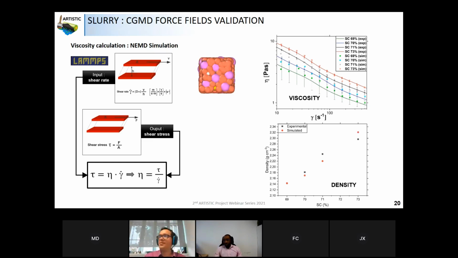Yes, good question. We don't know, but for sure maybe it could be more accurate. Here we use the strategy with the CBD inside the active material.